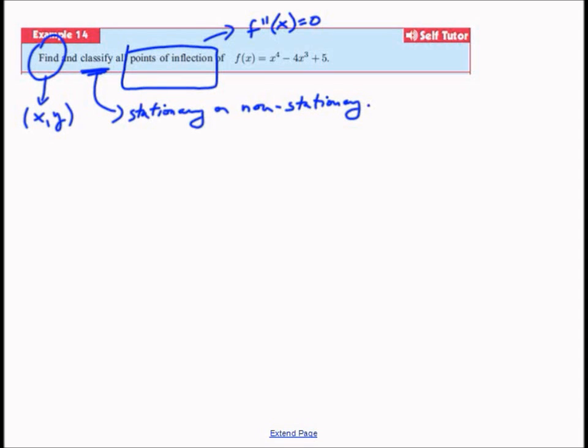Let's look at the first derivative. Four x cubed subtract 12x squared. And let's draw a sign diagram for that first derivative. We need to find our critical values. There's no asymptotes, but there will be zeros.